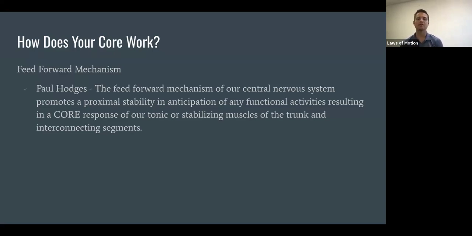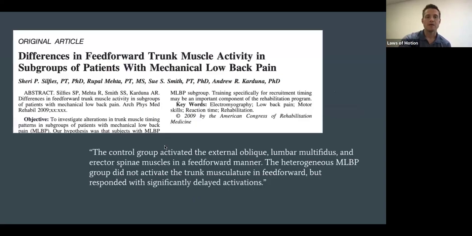So the core response of our tonic muscles, which are the stabilizing muscles of the trunk, should have a firing of those muscles briefly just before you start to move any extremity. Here's another article that talked about the feed-forward mechanism in people with low back pain and people with no back pain.